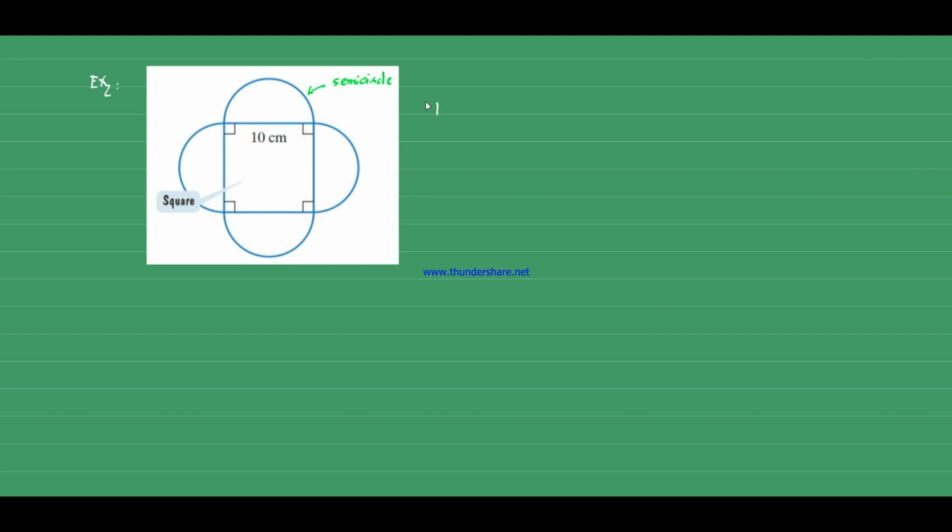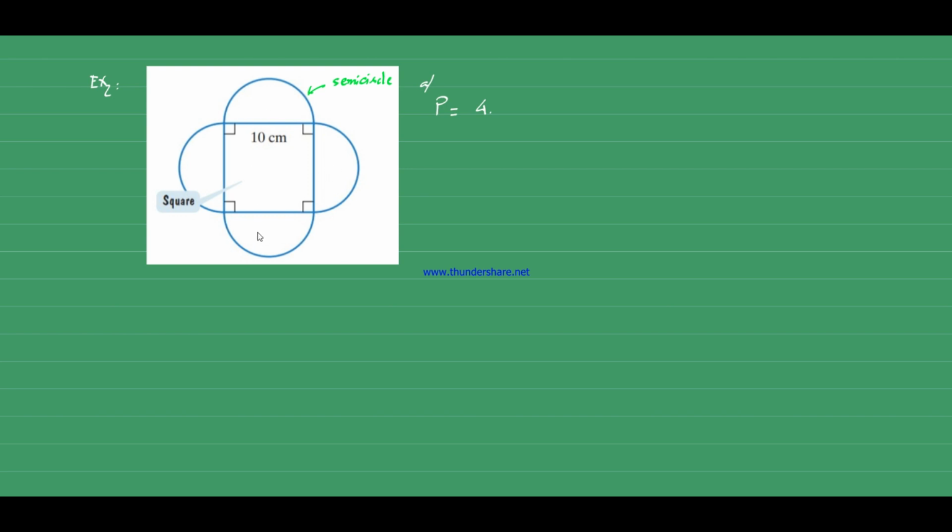So the perimeter is 4 times the half of the circle, so we want to find the circumference.